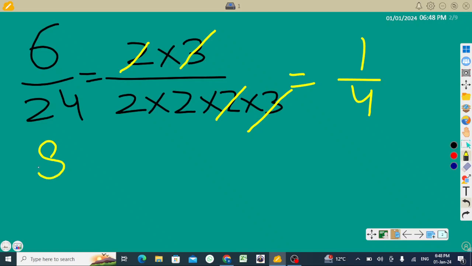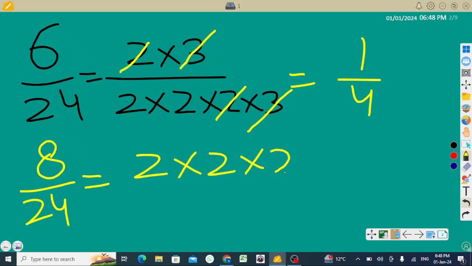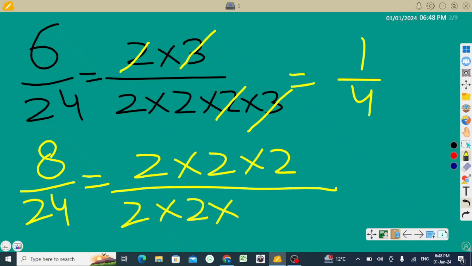Similarly, 8 upon 24. 8 is 2 times 2 times 2, and below, the denominator will be 2 times 2 times 2 times 3.